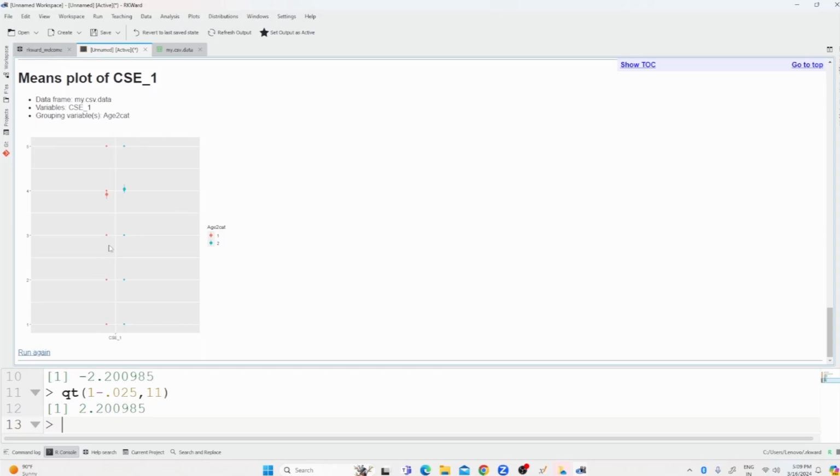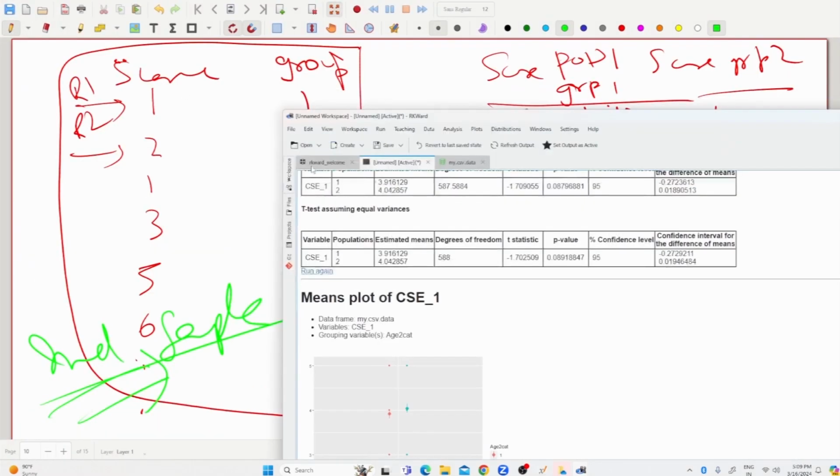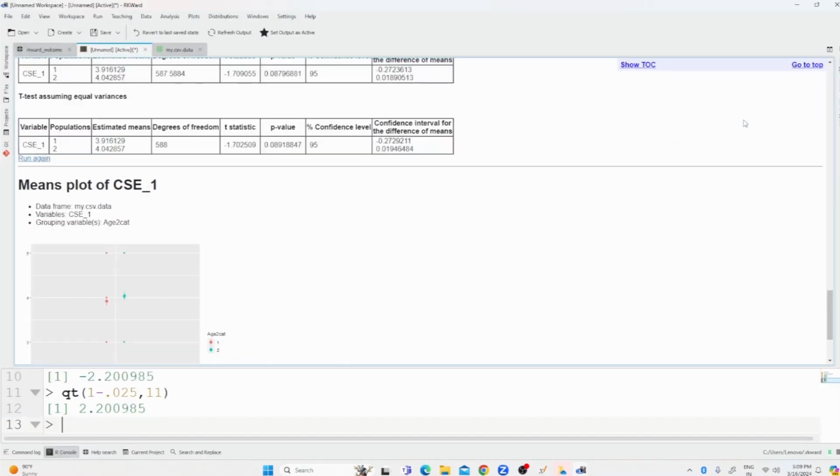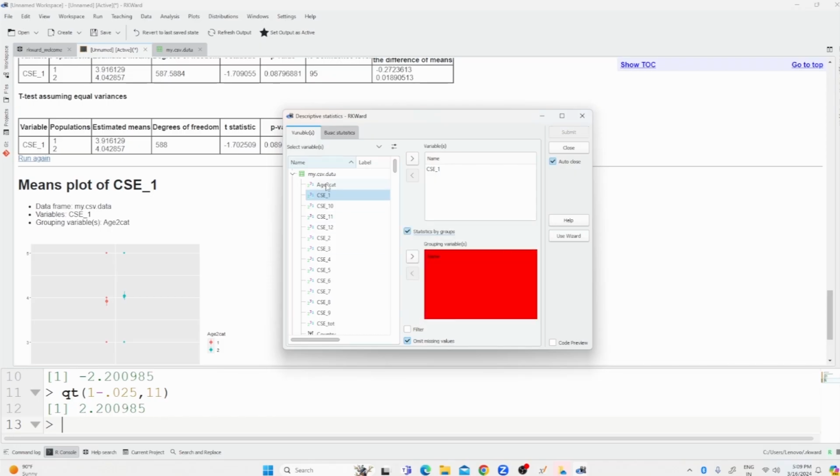So, these are the means of group 1 and group 2. Now, again let us do it. This was the graph and let us see the descriptive statistics, CS1, statistics by group, age.